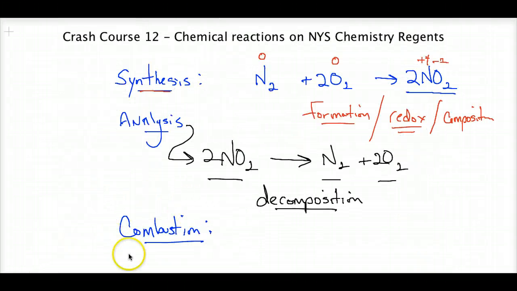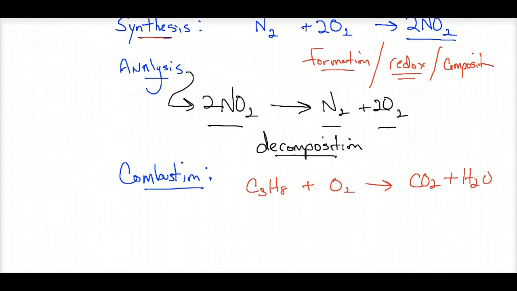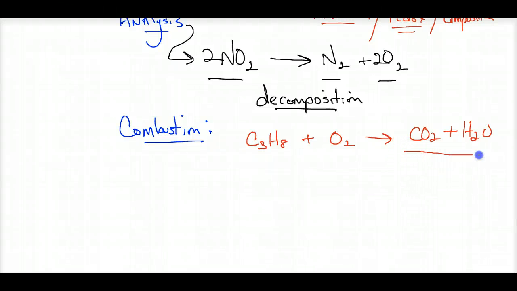Now we also have combustion. Combustion is usually some organic fuel, like propane, C3H8, plus oxygen, making CO2 and water. Normally the CO2 and water in our respiratory gases that we excrete from our lungs is because of the slow oxidation of glucose in our bodies.